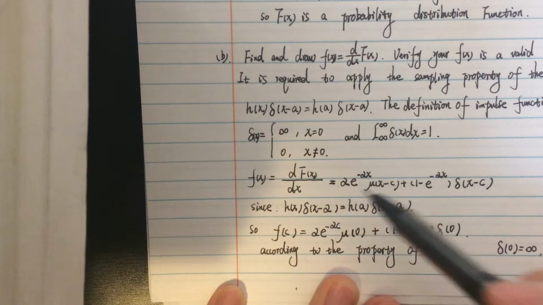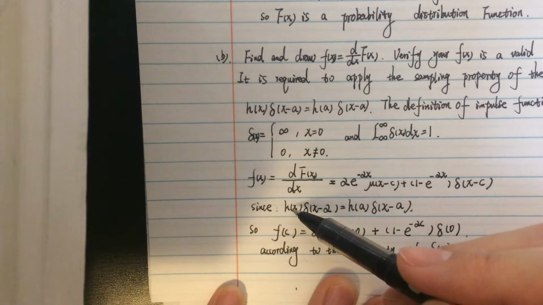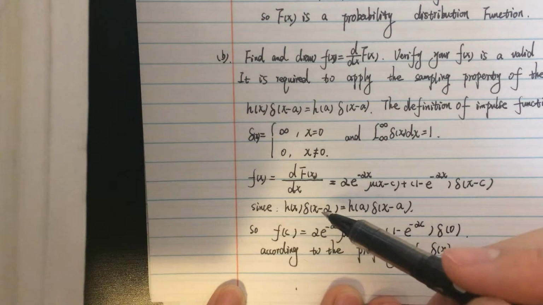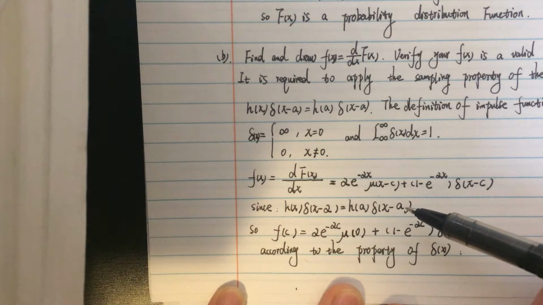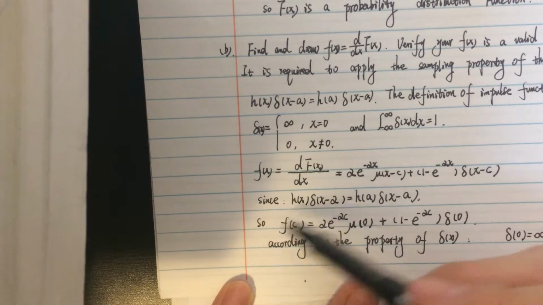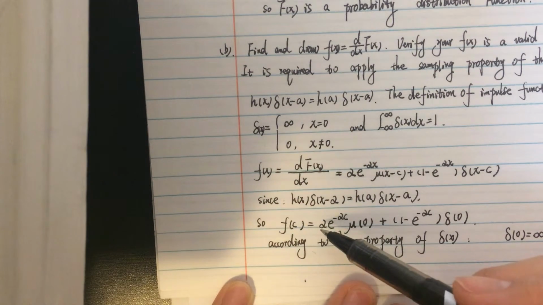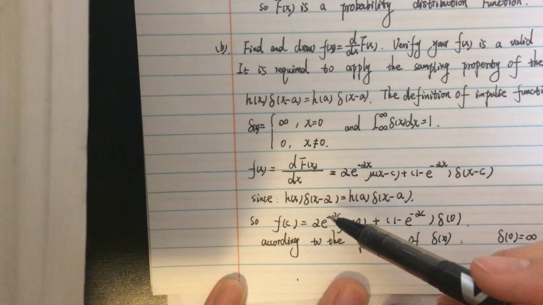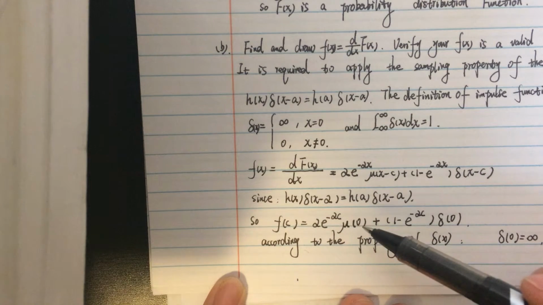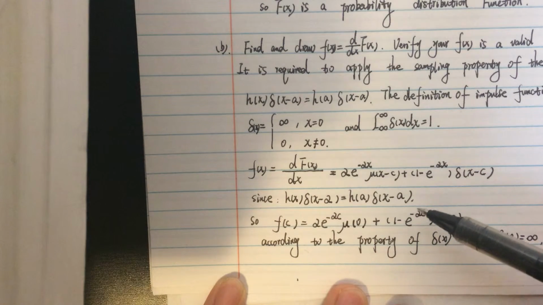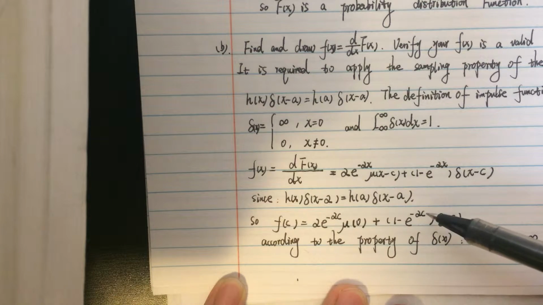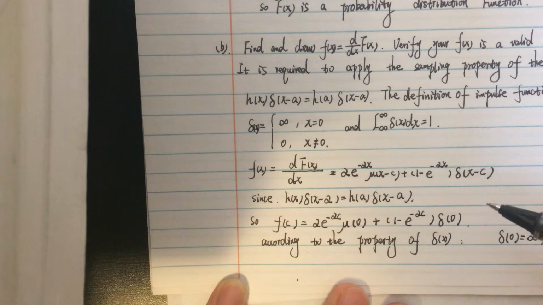this equation. Since h(x) times delta(x - a) equals h(a) times delta(x - a), f(x) will equal alpha times e^(-αx) times u(x - c) plus (1 - e^(-αc)) times delta(x - c).